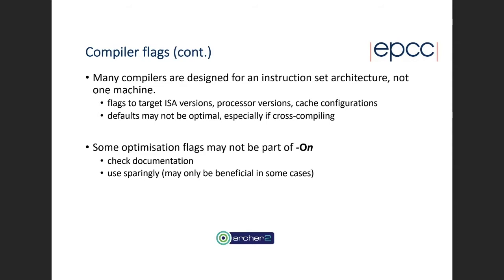That means if you're compiling on a processor which is not the same as the processor that you're intending to run on, then you need to think about whether the compiler is picking up the default options for the processor that the compiler is running on, and those might not be optimal for the processor that you're intending to run on.